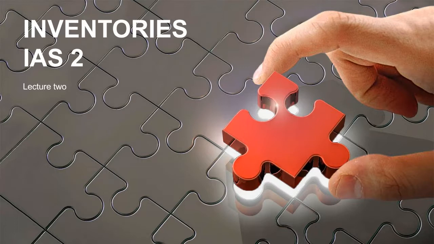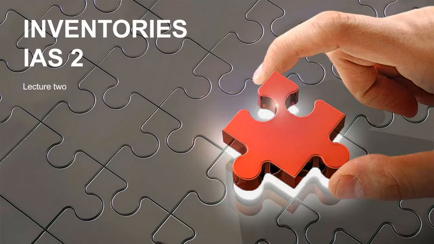Whereas inventory is almost entirely inside an entity. That's why I've used a puzzle that has no edges. It has to fit into the rest of the puzzle. I just thought I should explain that so you know there's a lot more thought than just the madness that happens. Okay, cool.